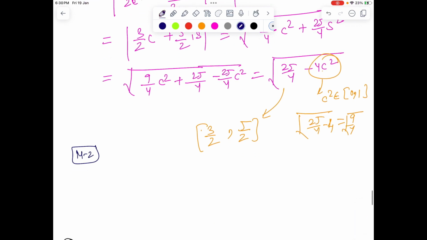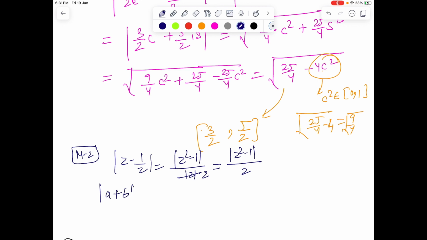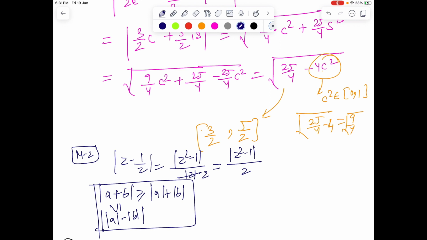Let's see method 2 of doing this. Maybe that will be faster if you directly use the triangle inequality here. So mod z minus 1 by z is nothing but mod of z square minus 1 by mod z. In this case, mod z is 2, so it's mod z square minus 1 by 2. Now if I use the triangle inequality, you know mod a plus b must be greater than or equal to mod a plus mod b in one form, and the third side is more than the difference of two sides.